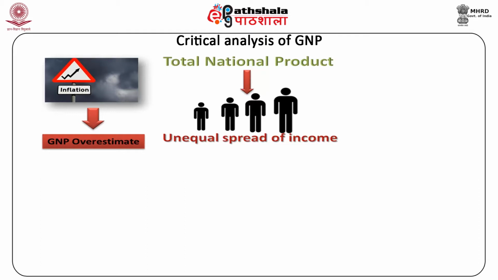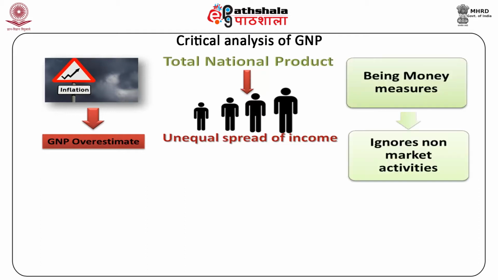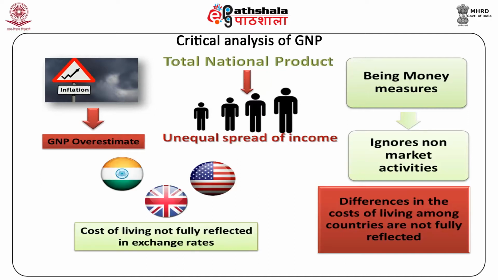Thirdly, it is a money measure and ignores all non market activities, even if they enhance standard of living or even household income. Finally, there are differences in the costs of living among countries that are not fully reflected in the exchange rates. A solution to this has been found in adjusting per capita income figures for such differences, resulting in what is called purchasing power parity.